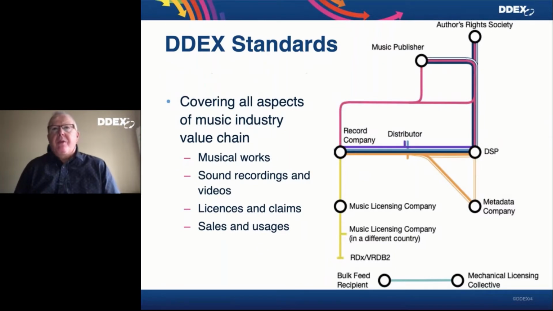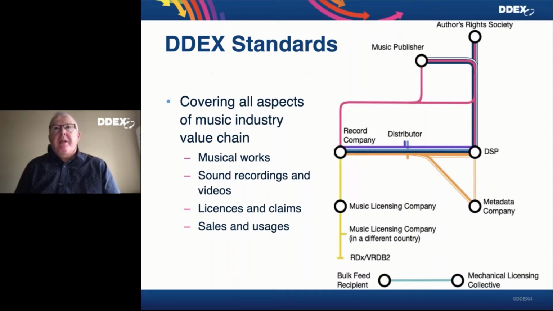As I've mentioned, we have standards that relate to all of the roles that are played within the music industry. So you can see here things like authors' rights societies, music publishers, record companies, distributors, and so on. And these are all types of companies that exist within the broader value chain and fulfill certain types of roles, certain types of activities within the value chain.